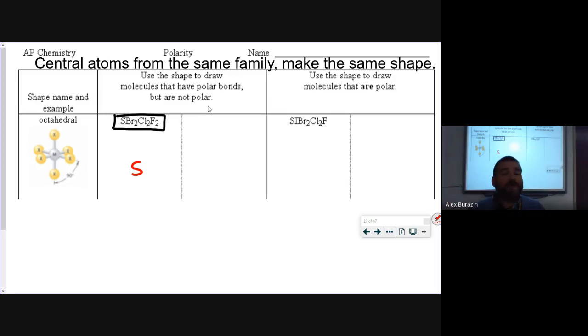Now, these partial charges, or the polarity, comes from the fact that these atoms have a different electronegativity. Electronegativity, just to bring it back because it's been a while, is a value of how strongly an atom will attract bonding electrons towards its nucleus.